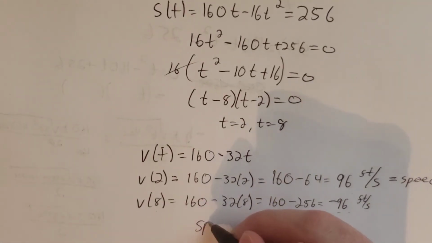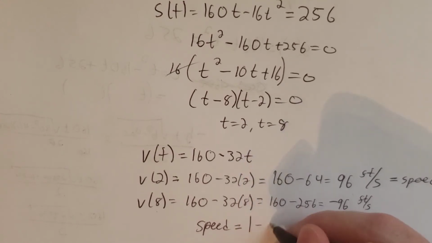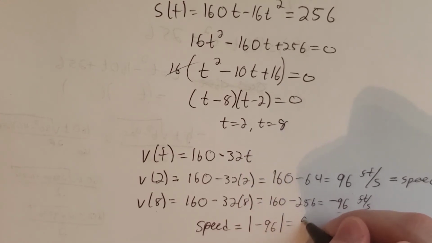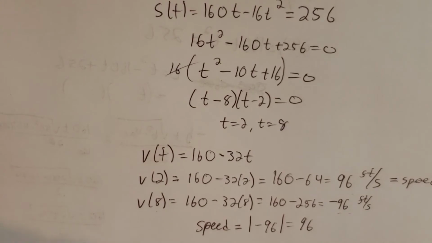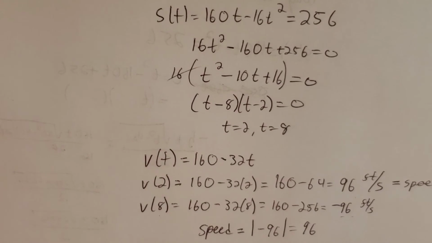And so what is the speed? The speed is just the absolute value of negative 96, or in other words, positive 96. So we get that the speed is the same at both. But at t equals 2, the object is going up, so it is a positive velocity. At t equals 8, the object is going down, so it is a negative velocity.